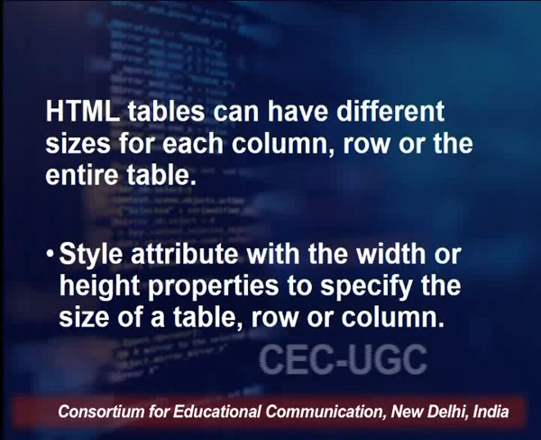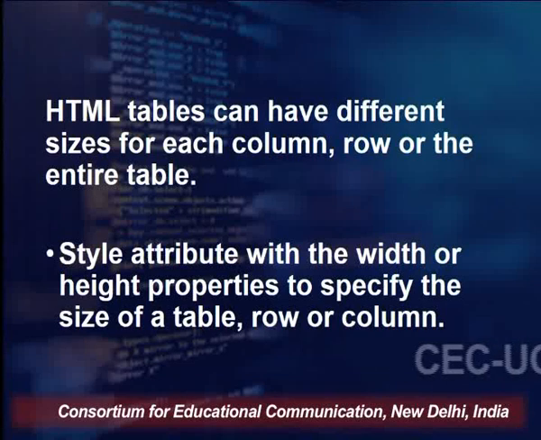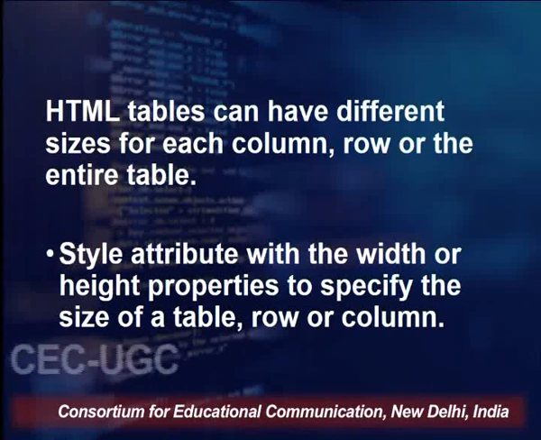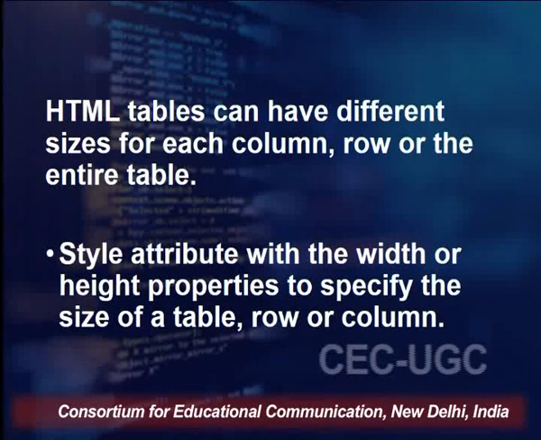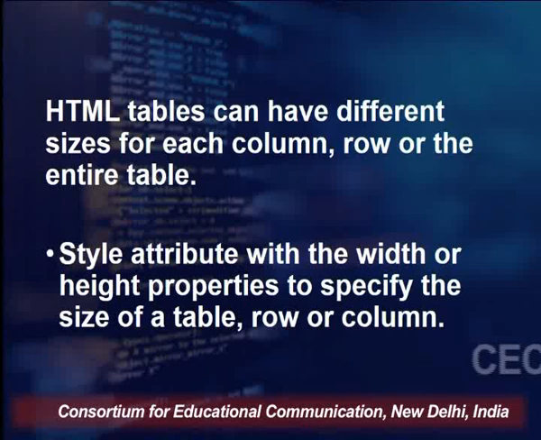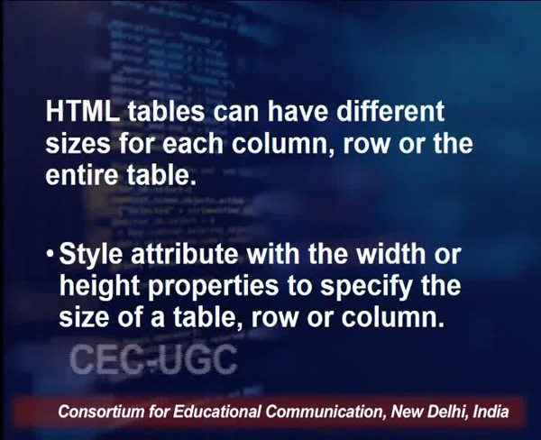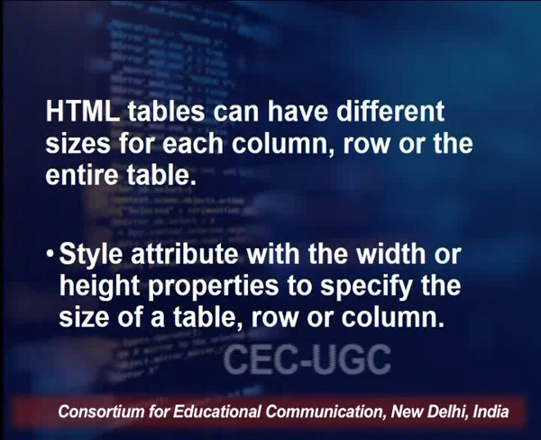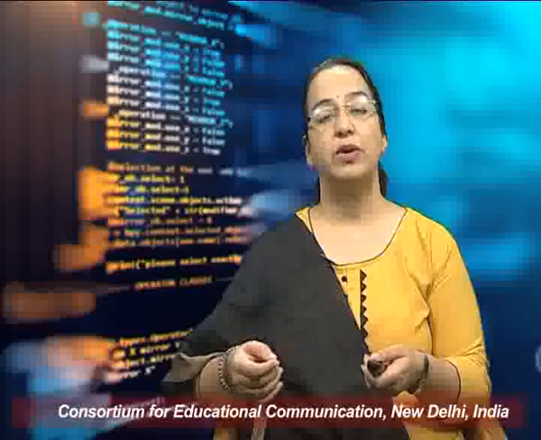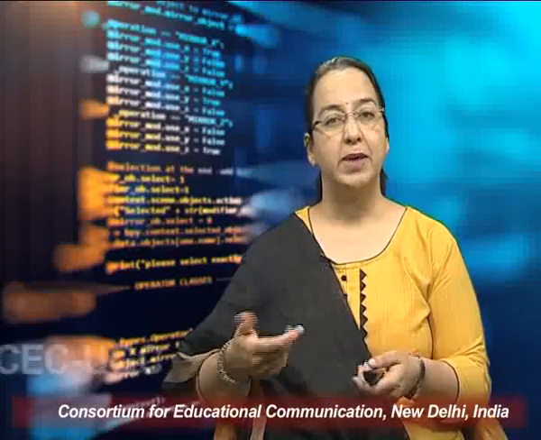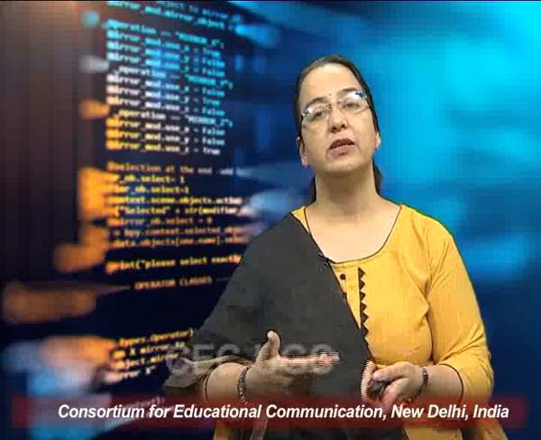Now there are two units in which we can give the height. Either it will be in pixels, which is a very absolute unit. If I say height is equal to, let's say, 200 pixels, that's very clear. But if I say it the other way round, that is height is equal to, let's say, 70%, what actually is this percentage?